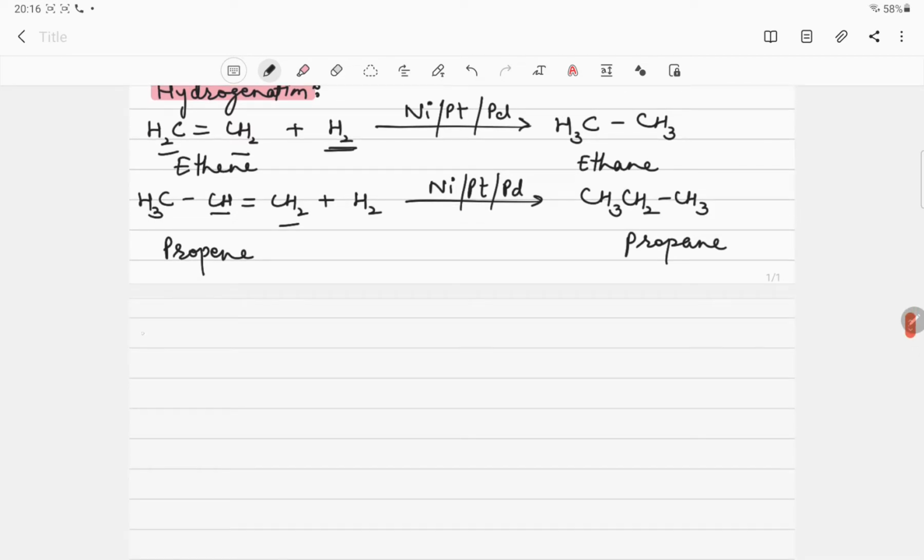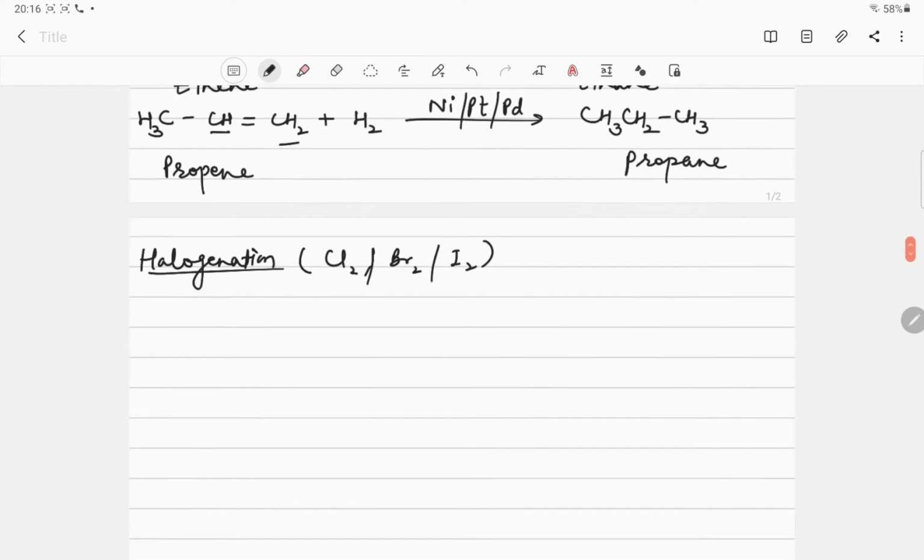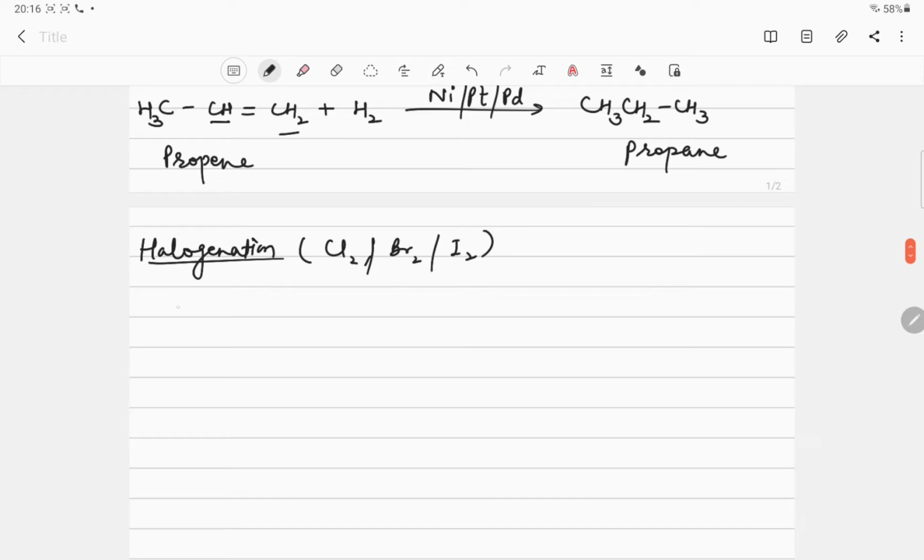Now next we are doing halogenation. It may be chlorination, bromination, iodination, anything. Let's take the example of bromination, because this bromination reaction is also used as one of the distinguishing tests for saturated and unsaturated compounds. So how is the reaction?